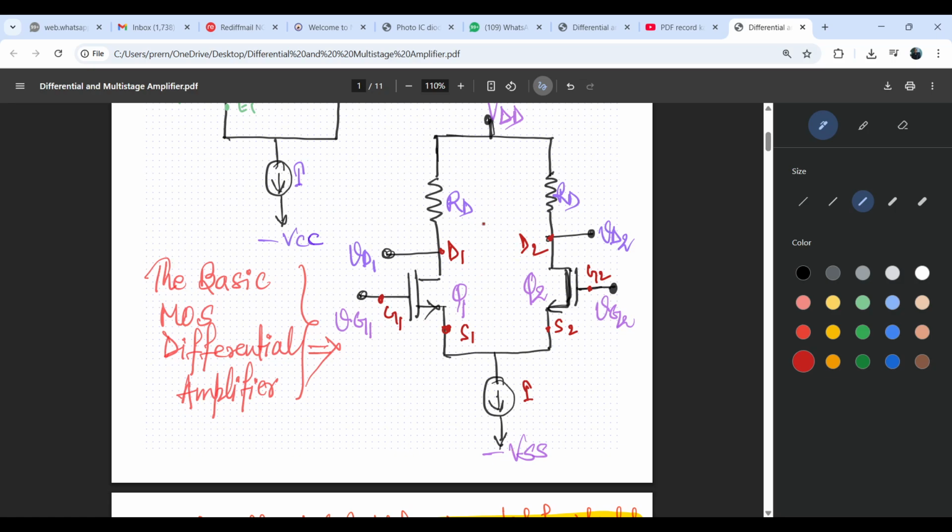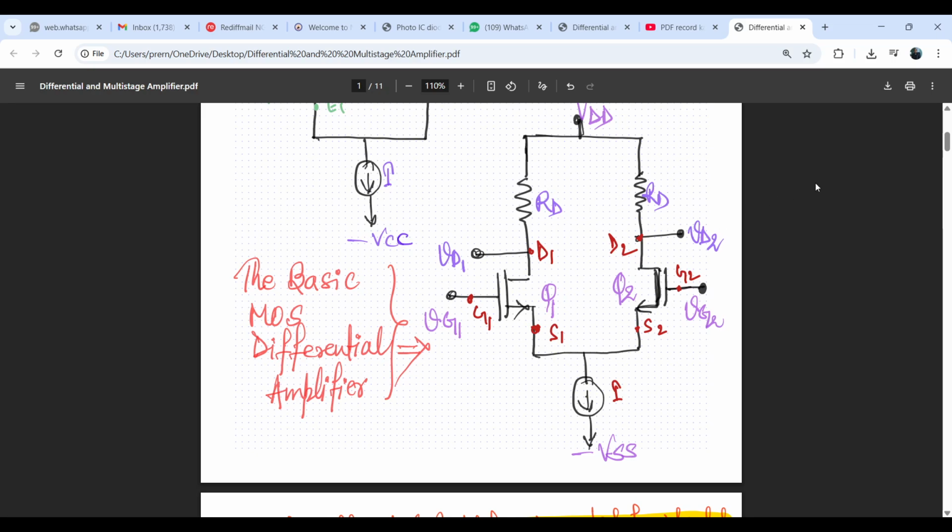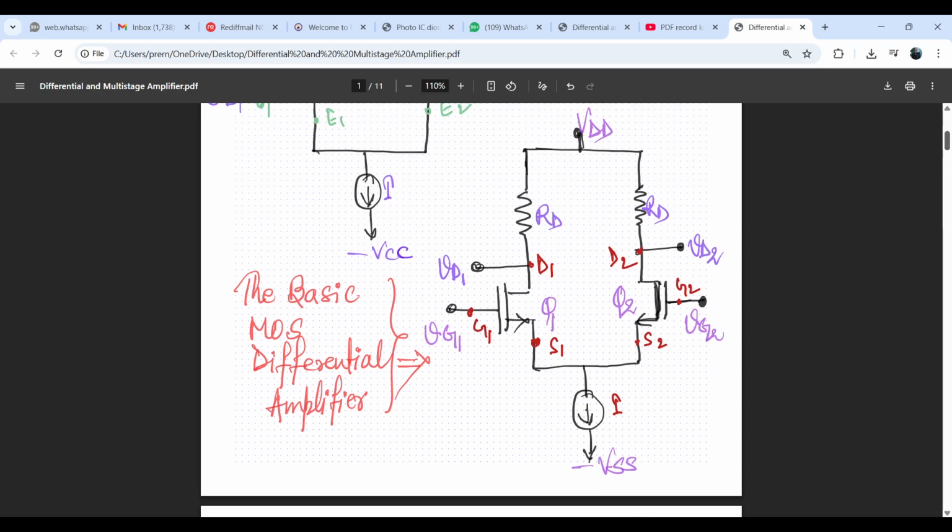So we will discuss in detail today the MOS based differential amplifier. This one is the fundamental active building block for the differential amplifier using a MOS pair. So this is some design that we have to consider for analysis purposes.